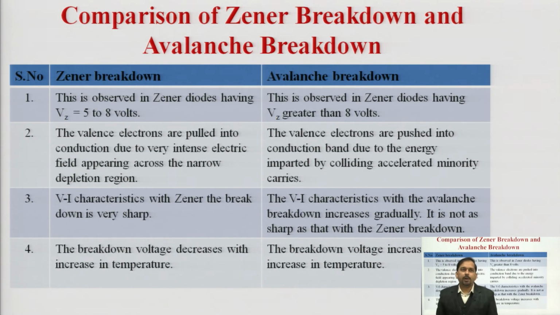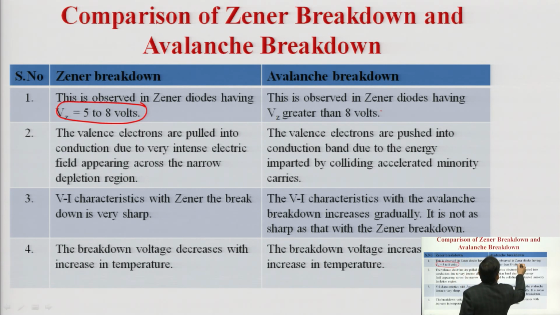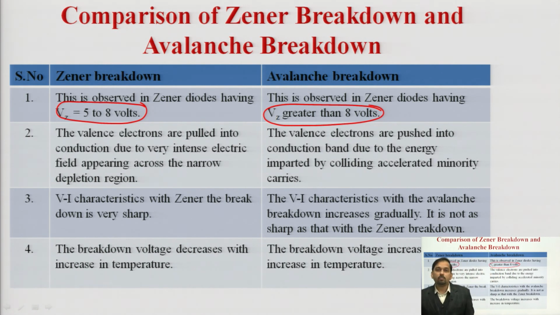So, this is a comparison chart between the Zener breakdown and the avalanche breakdown. First, the Zener breakdown can be observed up to a voltage of 5 to 8 volts. If the diode voltage Vd is between -5 and -8, the breakdown is called Zener breakdown, whereas if we move further, the effect is known as avalanche breakdown.